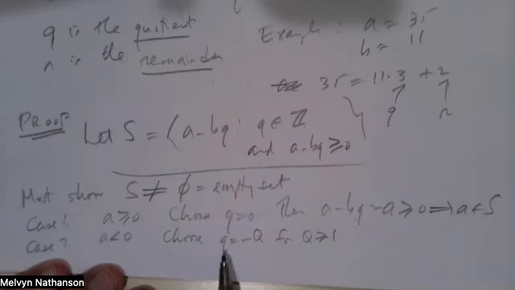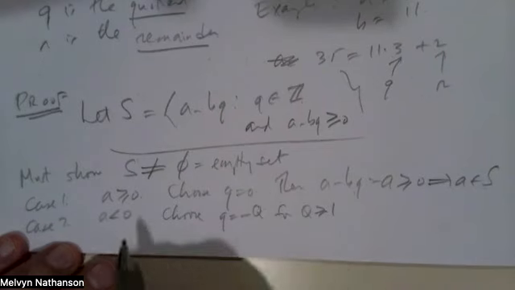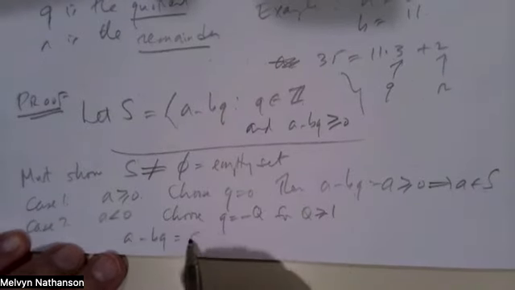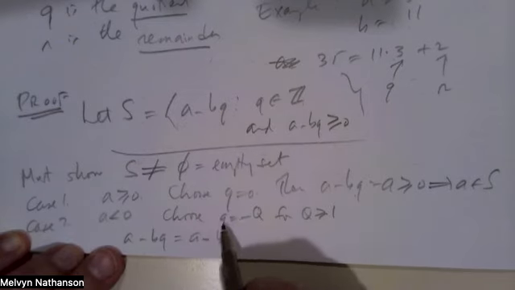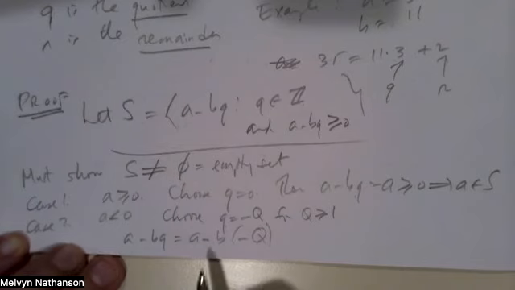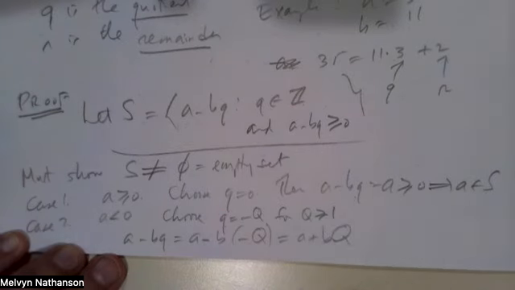And then what is A minus Bq? A minus Bq is A minus B times minus capital Q. And minus times minus is plus. This is A plus BQ.